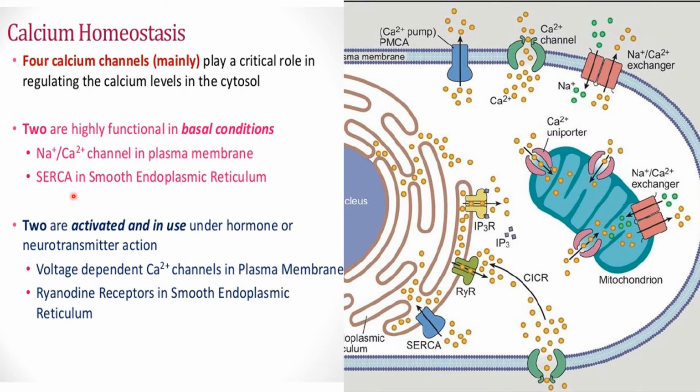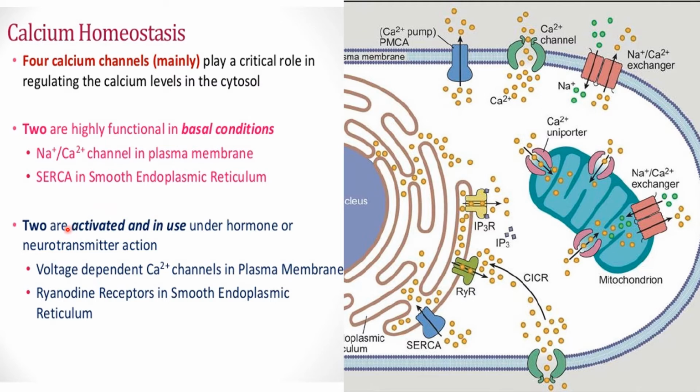Next, SERCA, the calcium pump in the smooth endoplasmic reticulum, is working here, and it pumps calcium in and pools it in the smooth endoplasmic reticulum. After that, the smooth endoplasmic reticulum becomes a storehouse of calcium ions. So this pump is located on the smooth endoplasmic reticulum.